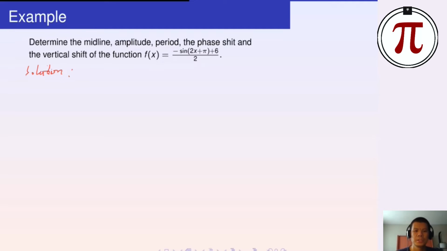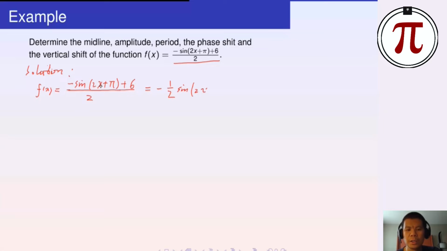To identify all of these, we have to write this function in the standard form, the form of sinusoidal functions. So we have f(x) equals negative sine(2x plus pi) over 2 plus 6 over 2.